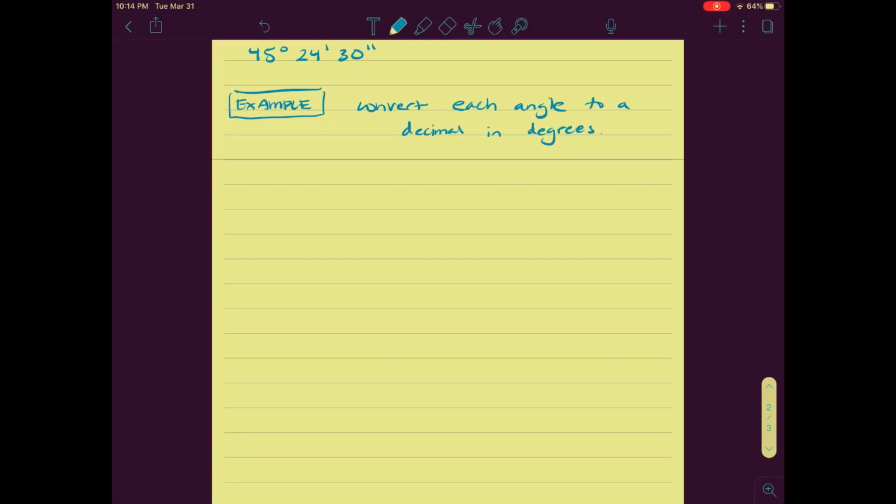Now, before I put up an example, I just want to briefly mention 1 degree is 60 minutes. 1 minute is 60 seconds. And 1 degree is 3,600 seconds.